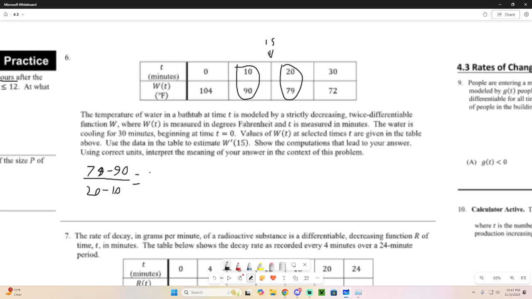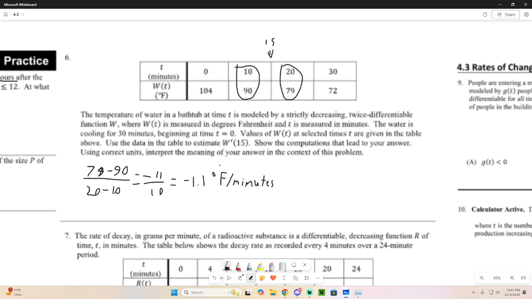That's going to be equal to negative 11 over 10, which is equal to negative 1.1. And as for our units, it's our dependent per our independent. Our dependent, W of t, is degrees Fahrenheit, and then minutes, so dependent per independent is degrees Fahrenheit per minute.